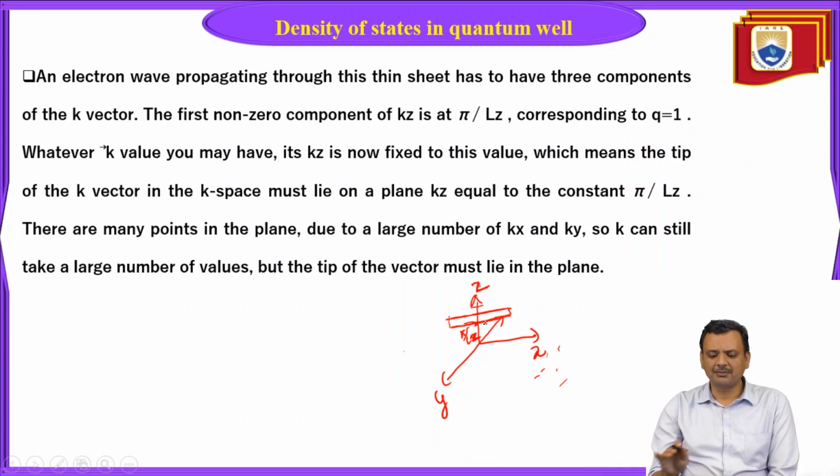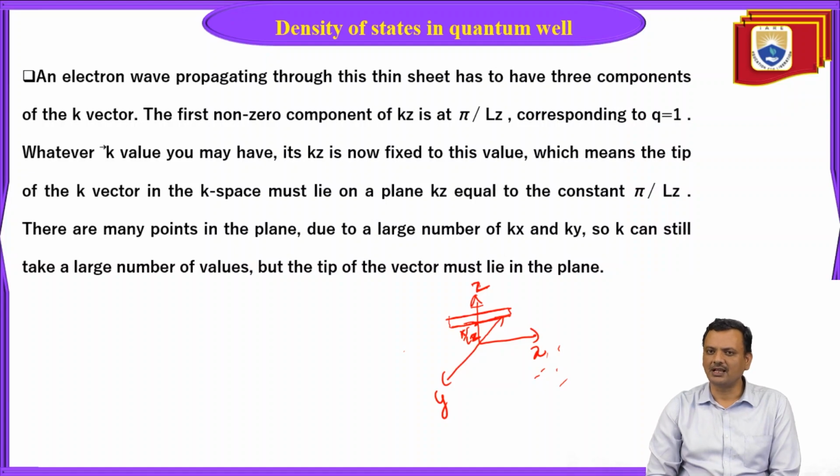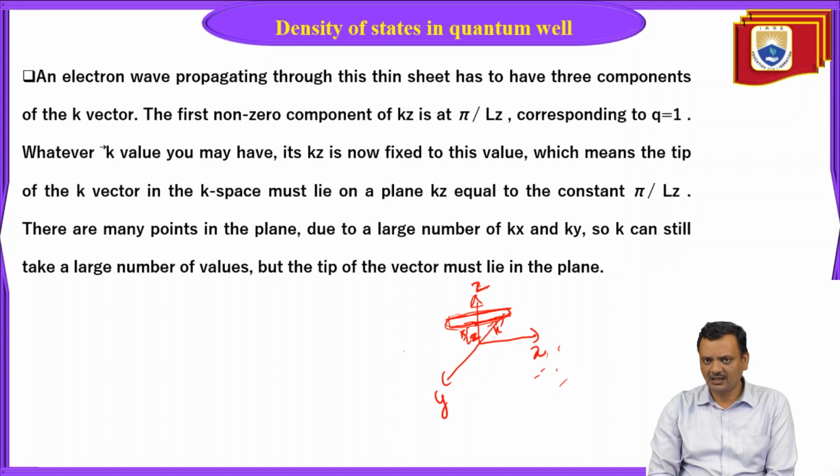This means the plane is perpendicular to the z axis and passes through the z axis at pi upon Lz. The k vector tip will always lie on this plane, because it cannot take too many values for z.